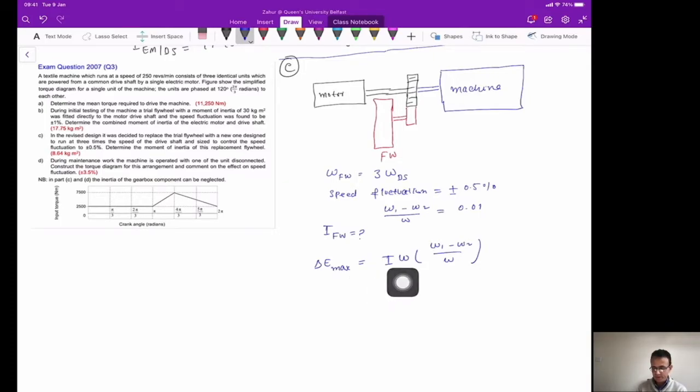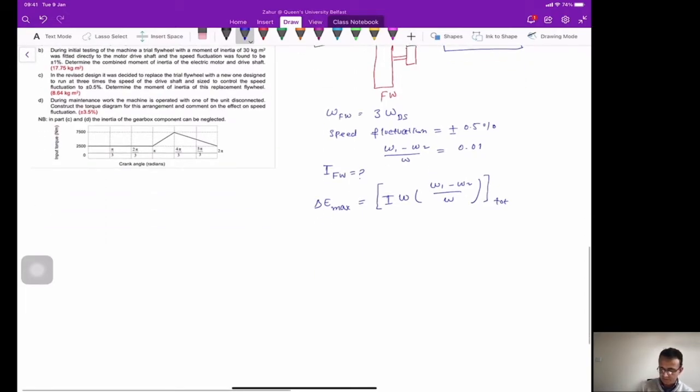One is the flywheel, and one is the electric motor and drive shaft. So we will split the right hand side into two parts. This is for the whole system, so now we need to split this into two parts. So the equation we will modify is delta E maximum.